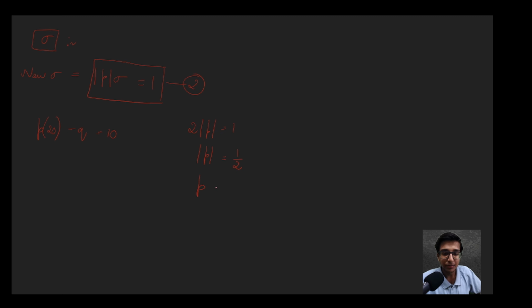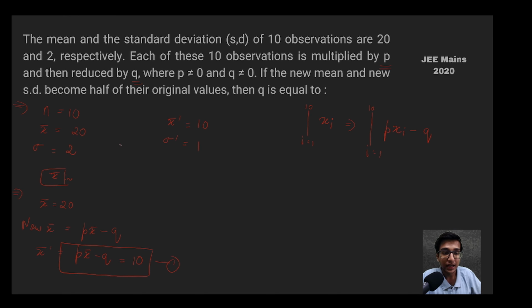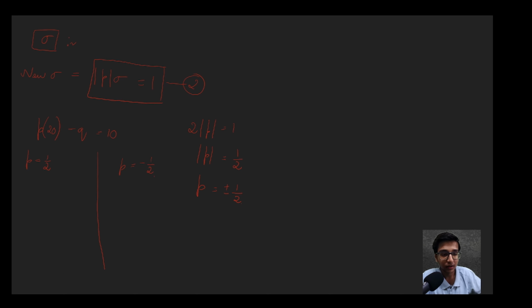So p can be either plus or minus 1 by 2 if we remove mod. Now let's put p equal to plus 1 by 2 in the first case and p equal to minus 1 by 2 in the second case. Wait, in the question it was given that p is non-zero and q is also non-zero, so we need to remember this information while solving.